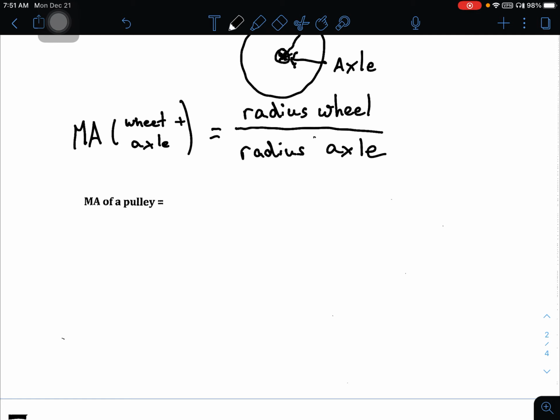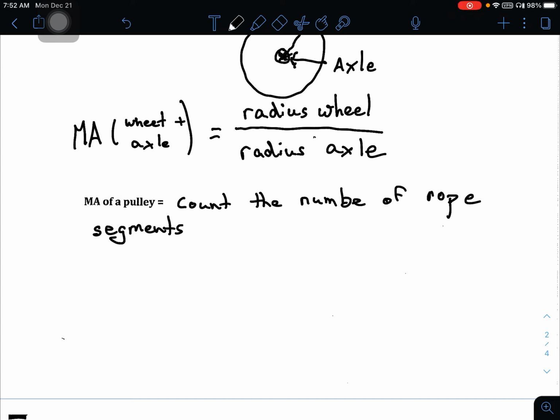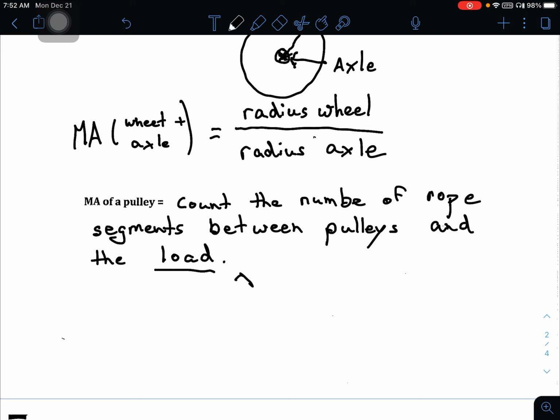In order to calculate the mechanical advantage of a pulley system, you're going to count the number of rope segments between pulleys and the load, right, which is the object being lifted.